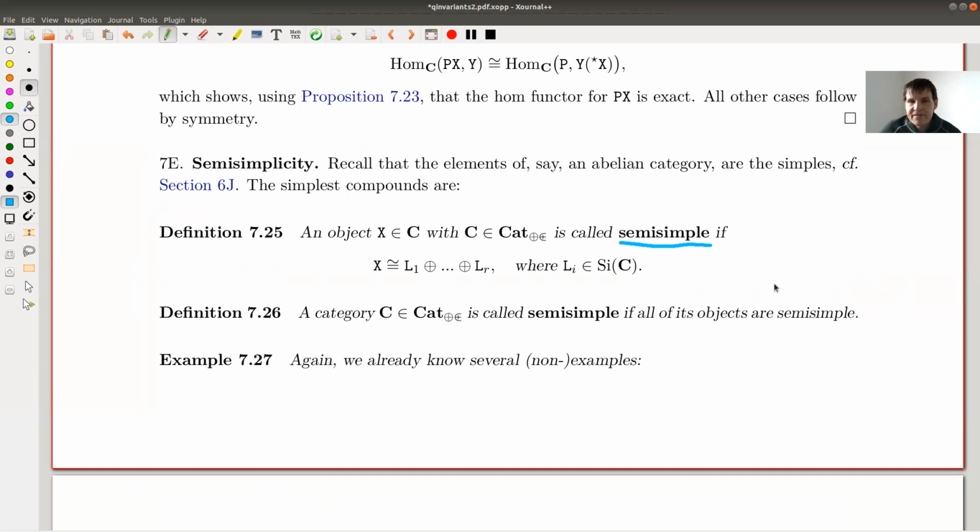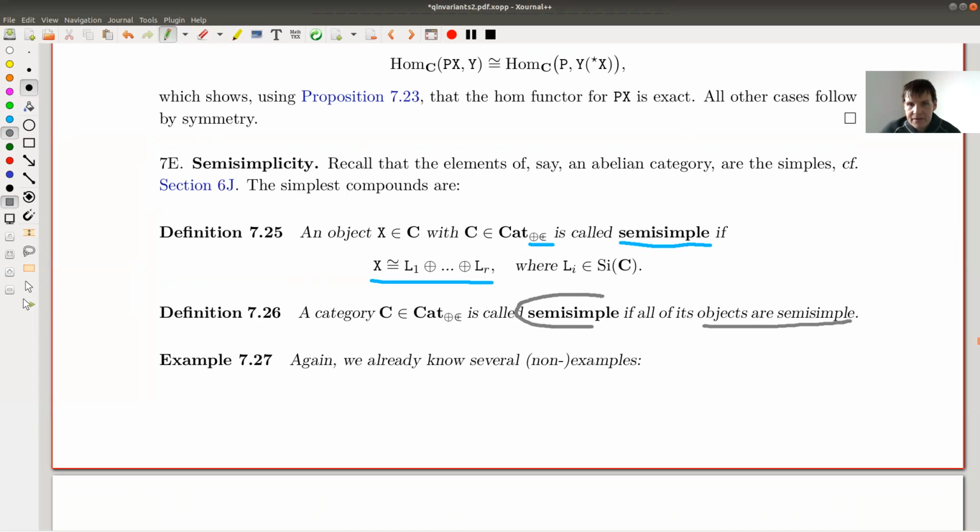A category is semi-simple if every object can be decomposed into simples. It can always be decomposed into indecomposables, but I want them to be decomposable into simples. And then you call an object semi-simple, and of course you call a category semi-simple if all objects are semi-simple.